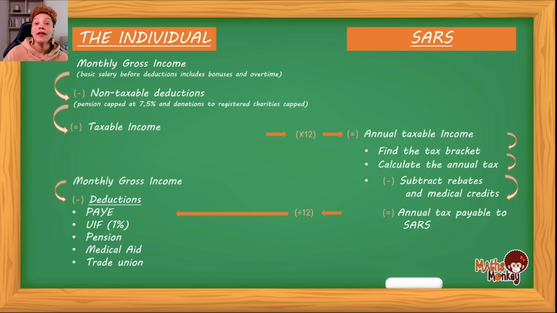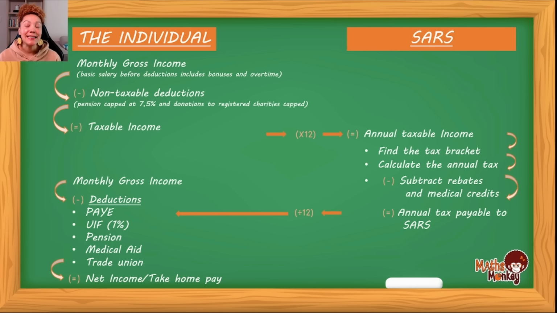Okay, so the government is sort of creating an incentive for you to make sure that you have pension, because they'll say, okay, if you have pension, you end up having to pay less tax. Okay, so over here now we have the actual deductions, right? And then once we take our monthly income and we subtract our deductions, then we end up with a net income, or we can call that our take-home pay.